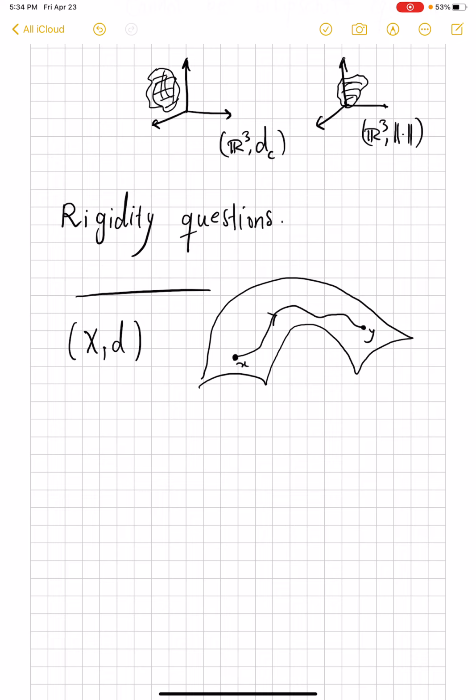But also, let's say you have (X, d), and let's call a curve a map from some compact interval into your space X that is continuous. Let's say a curve is a continuous map from [a, b] into X. Continuous maps between metric spaces are well defined because the distance gives us a notion of convergence.